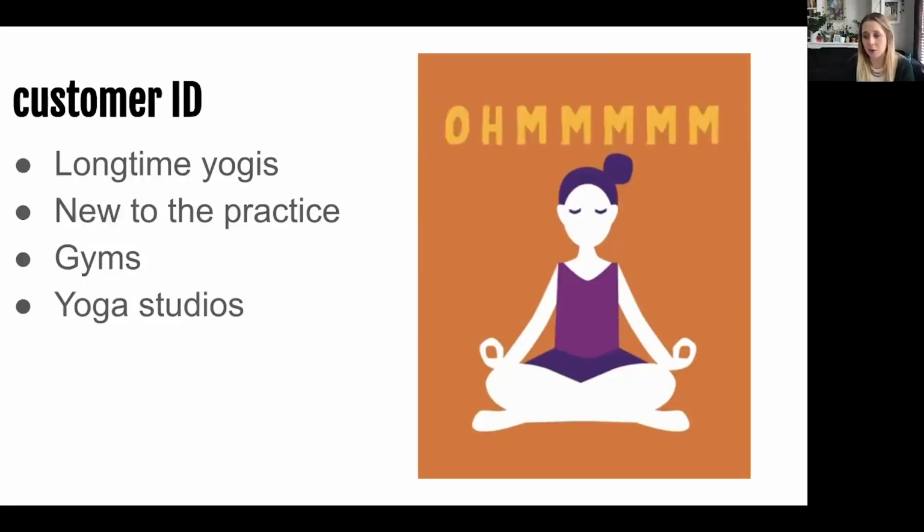Gyms and yoga studios will probably have the same buying practices as each other, but you might want to break customer ID out into large gyms, like think Good Life, and then smaller gyms like yoga studios or boutique spots. They don't necessarily have to be yoga studios; they can be fitness labs.